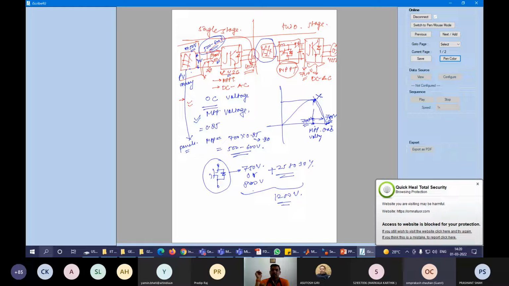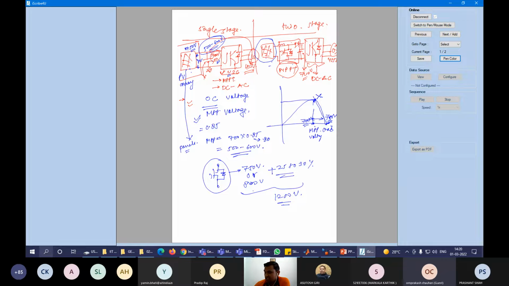Now we'll look into the two-stage system. In case of two-stage system, you have decoupled the solar PV array from the VSC with the boost converter. So even though you have selected 700 volt here, it will go from 560 or 600.